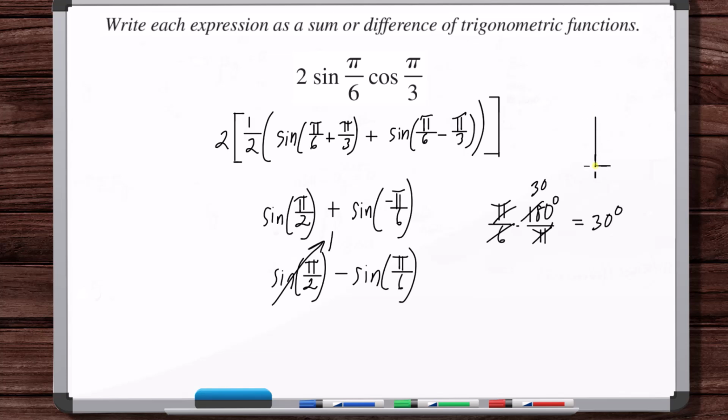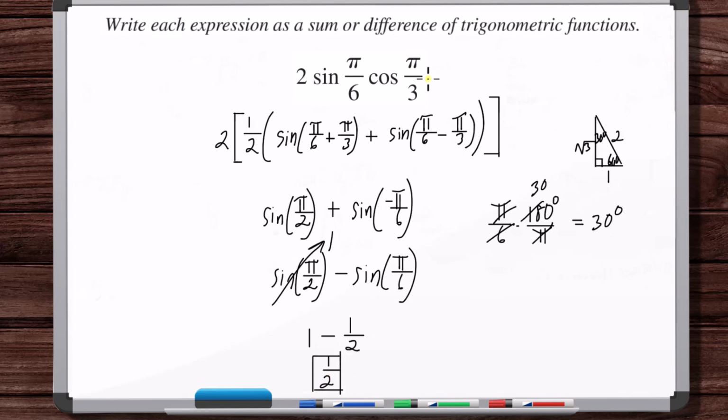So the 30, 60, 90 triangle, we've got 1, root 3, 2. So this is 1 minus sine of pi over 6. Sine of 30 is going to be 1/2. So 1 minus 1/2 is just 1/2. Pretty cool.